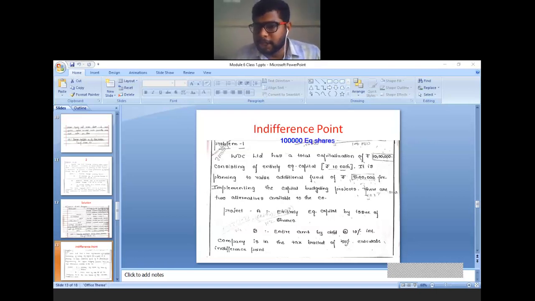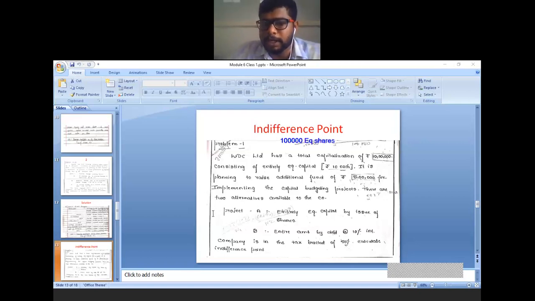Implementing the capital budgeting project, there are 2 alternatives available to the company. What are the 2 alternatives? For project A, entirely equity share capital by issue of shares, means you have to compare the additional amount, the complete 5 lakh rupees through equity share capital. So existing they have 10 lakh rupees plus 5 lakh rupees additional.